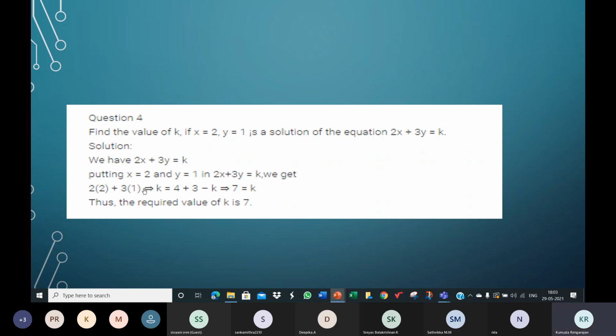So in the equation, in place of x use 2, in place of y use 1. And when you work that, you will find the value of k.